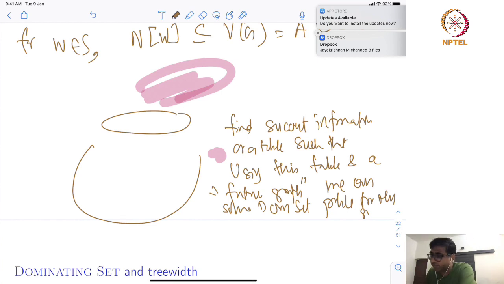So I do not see this portion, right? I do not see this portion, right? I do not see this portion up.